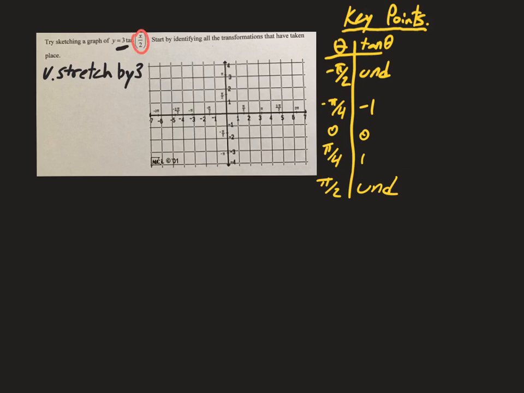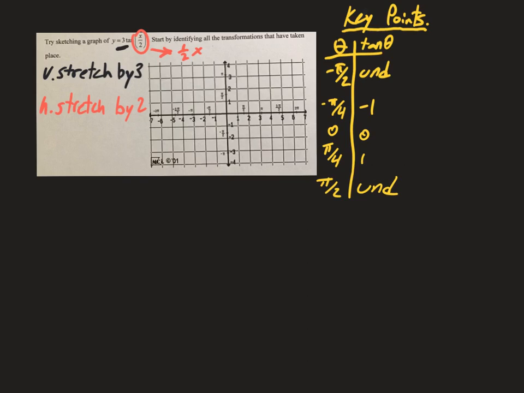So the inside of my functions are always backwards. So this is a horizontal stretch, not a shrink, and that is also going to be by 2. So it's actually a reverse, not by 1/2, but rather by 2. Remember, you could write that as 1/2 x.